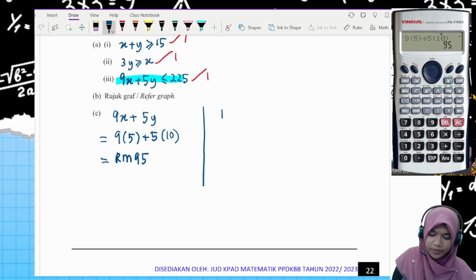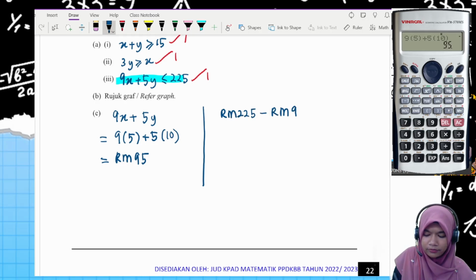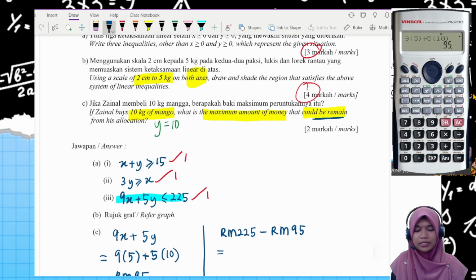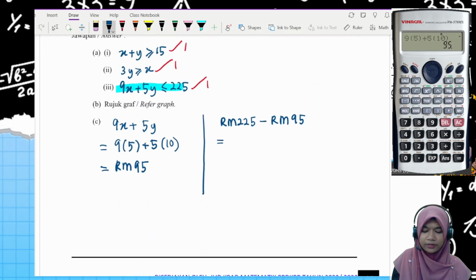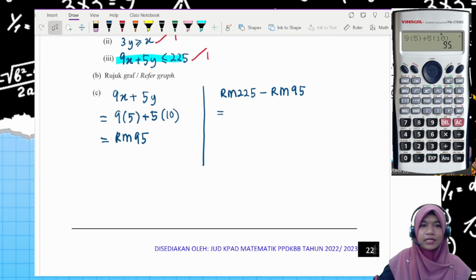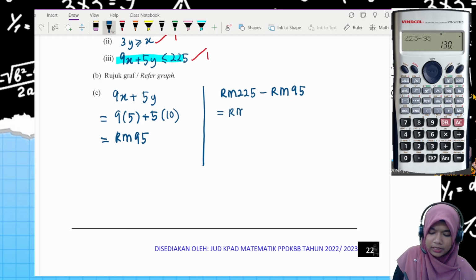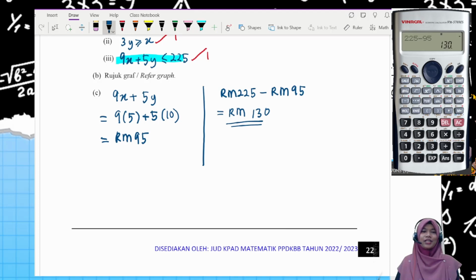So he has 225 minus RM 95, because you want to know the maximum amount of money remaining. 225 minus 95, so the maximum amount of money remaining is 130.